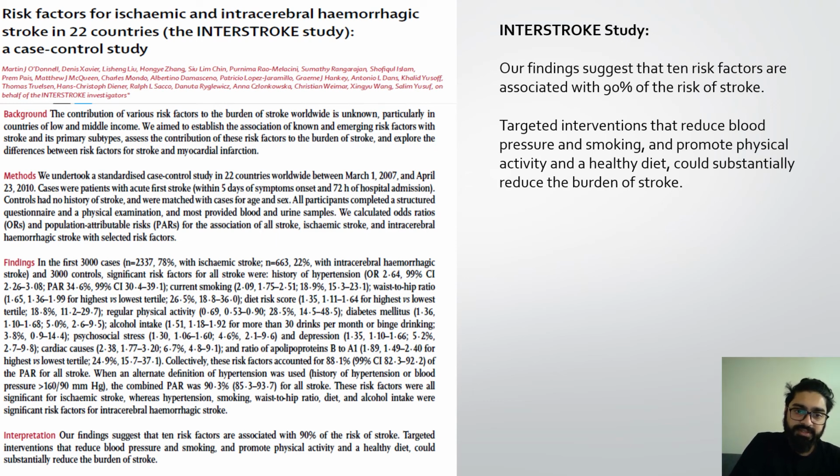Significant risk factors for all strokes were a history of hypertension with the highest odds ratio of 2.64, then current smoking, waist to hip ratio, dietary risk factors, regular physical activity, diabetes mellitus, alcohol intake of more than 30 drinks per month or binge drinking, psychosocial issues, depression, cardiac causes, and the ratio of apolipoprotein B to A1.